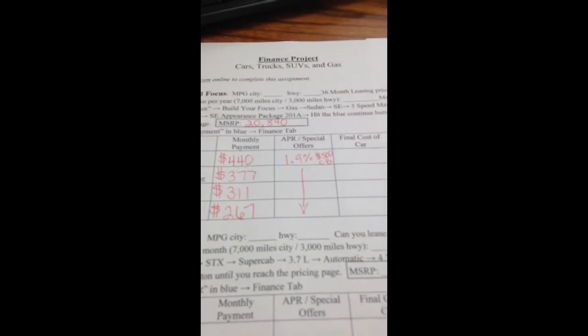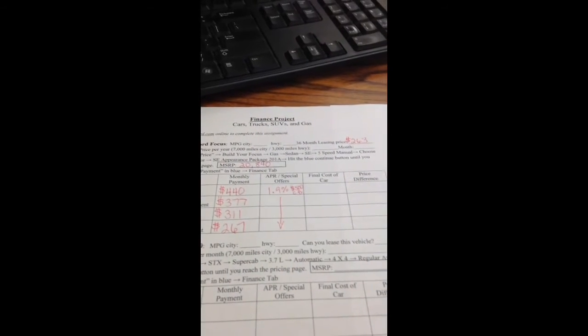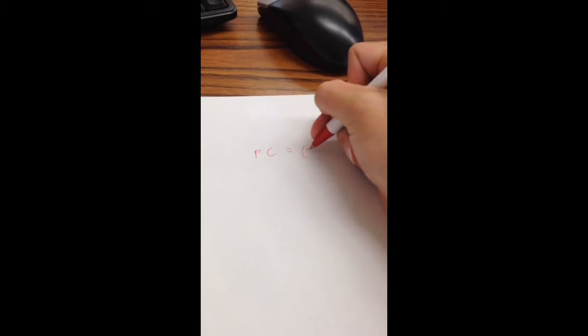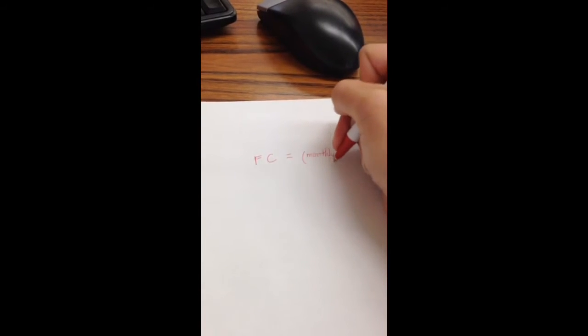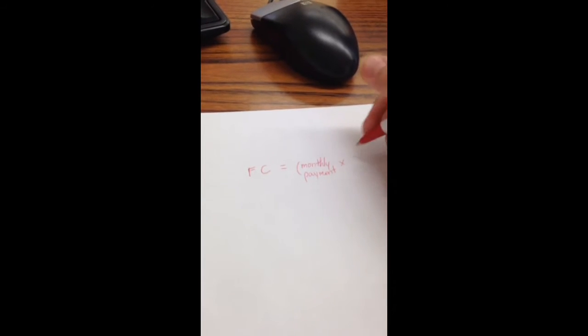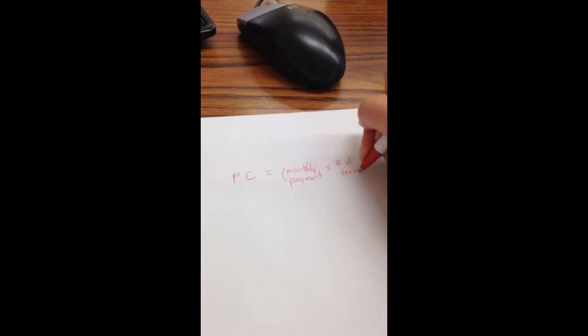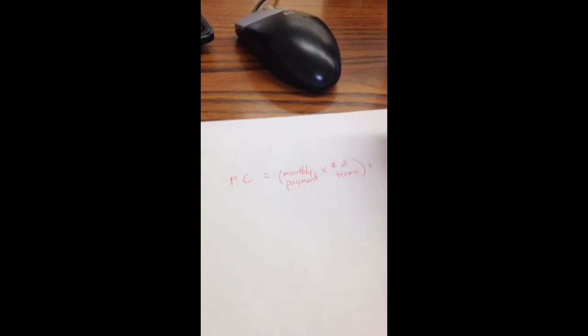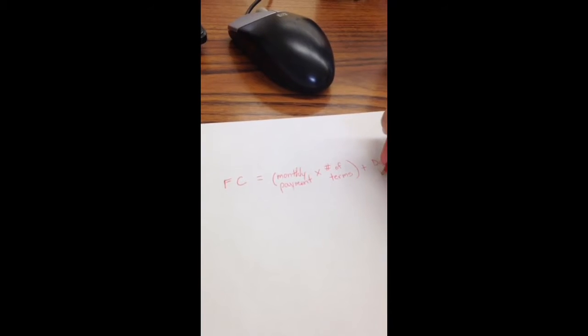So looking at your sheet, it should look something like this. Now I'm going to find my final cost of car. To do that, my final cost is going to equal my monthly payment times my number of terms, so how many payments I make, plus my down payment.